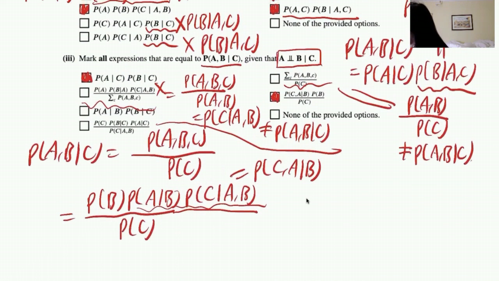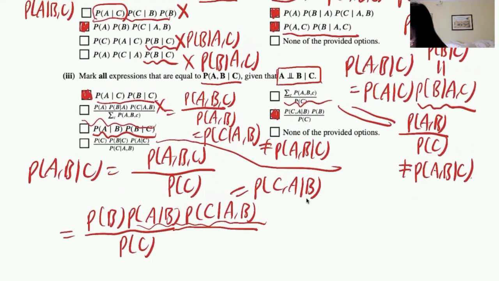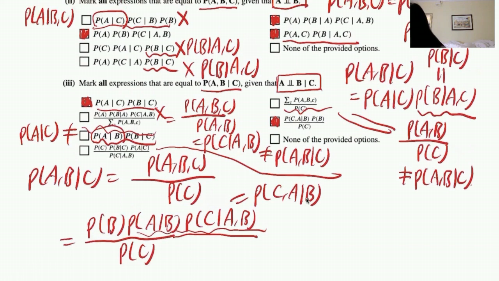Comparing the fifth item with the first item, the probability of A given B is not necessarily the same as the probability of A given C according to the problem description, right? So it means that the fifth choice is not correct.